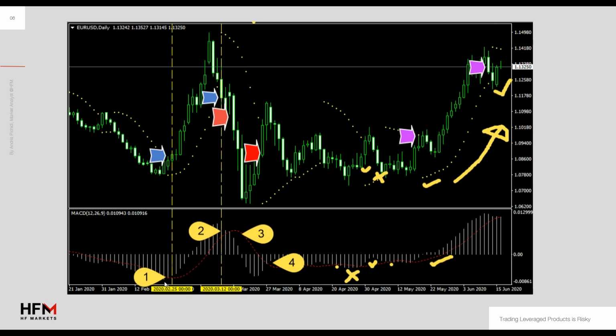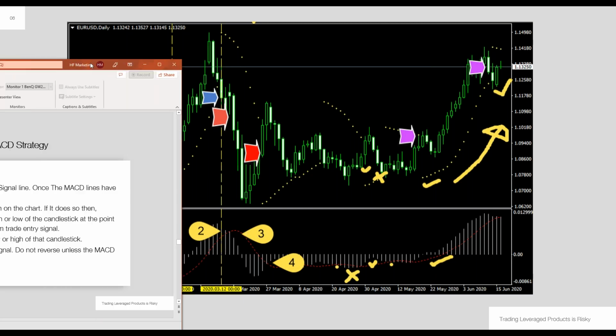There is a decreasing negative bias. It might still be below 0, but it means that the sellers are getting fewer and fewer. We have an increasing bullish bias and a decreasing bearish bias. So these two indicators are pointing to the same signal.